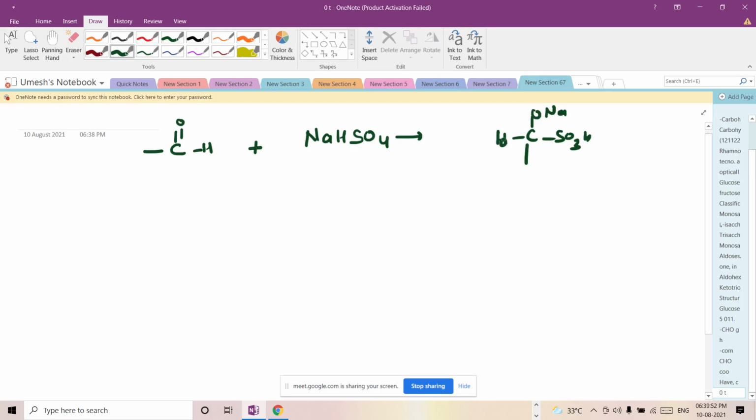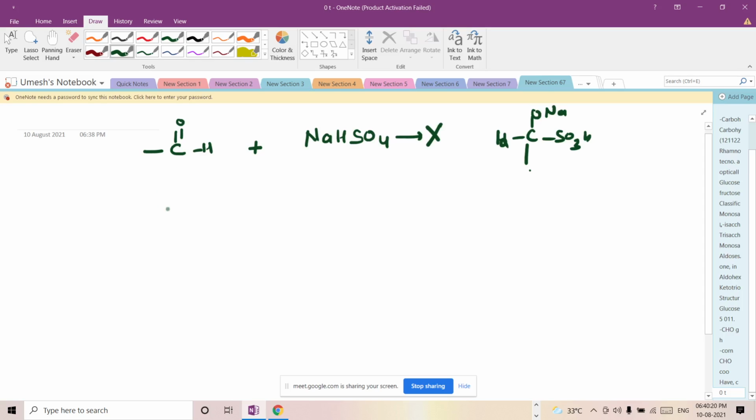It should give this, but the glucose molecule does not show this test, even though it contains an aldehyde group. It means the aldehyde group is present, but still it's not showing its presence in this reaction. So I have a doubt that the aldehyde group may not be present there.